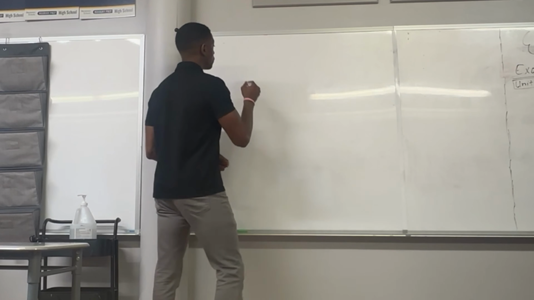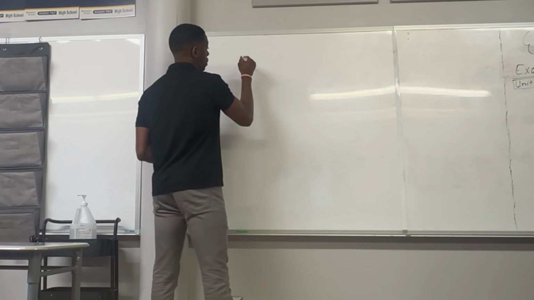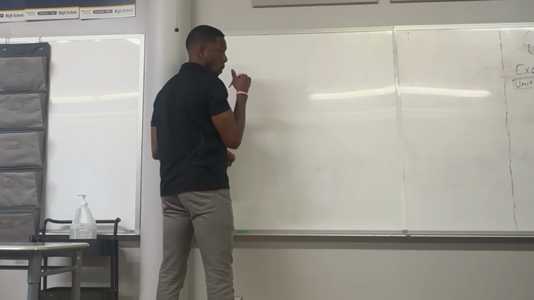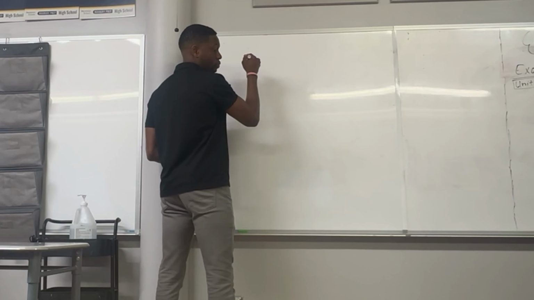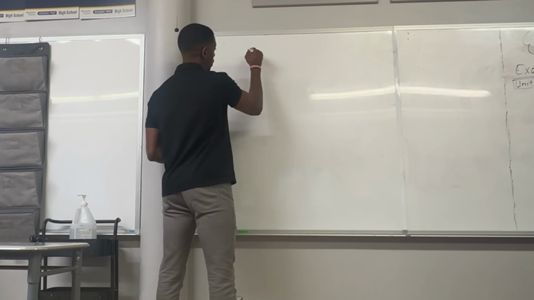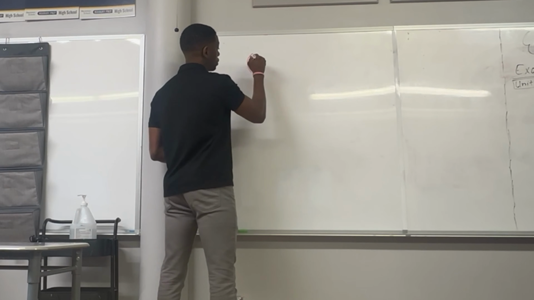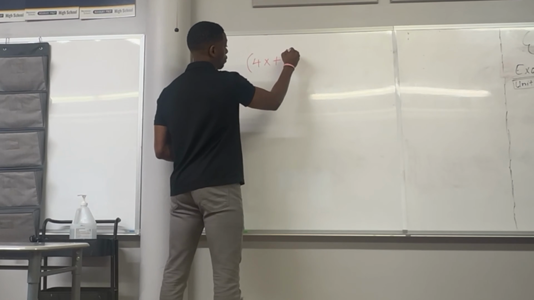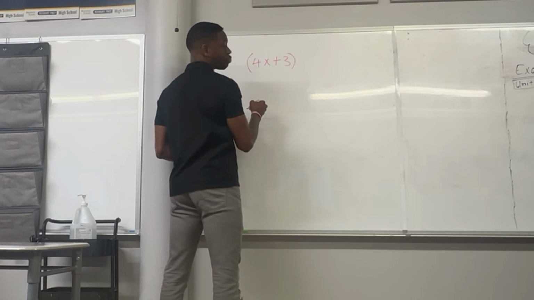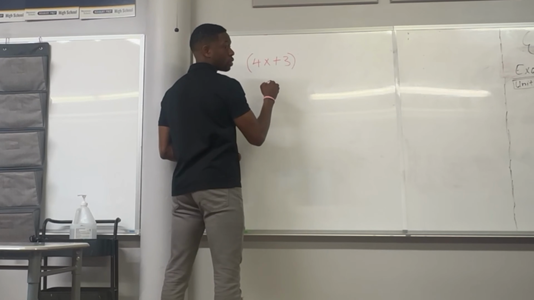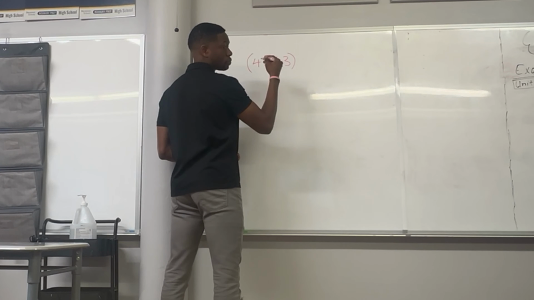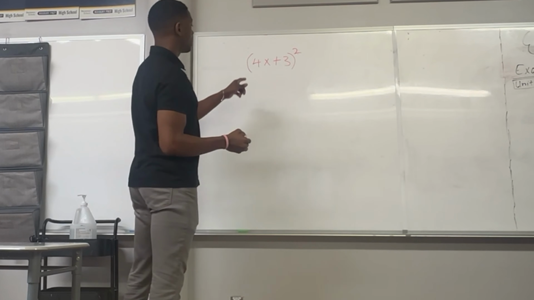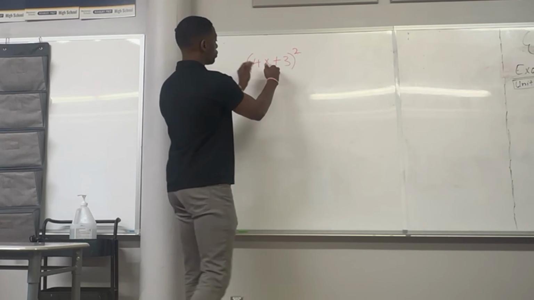Gregory, read me that question. What does it say? Bracket open. 4x, 3. What else? To the power 2. Perfect. So this is basically saying there's 2 of this.